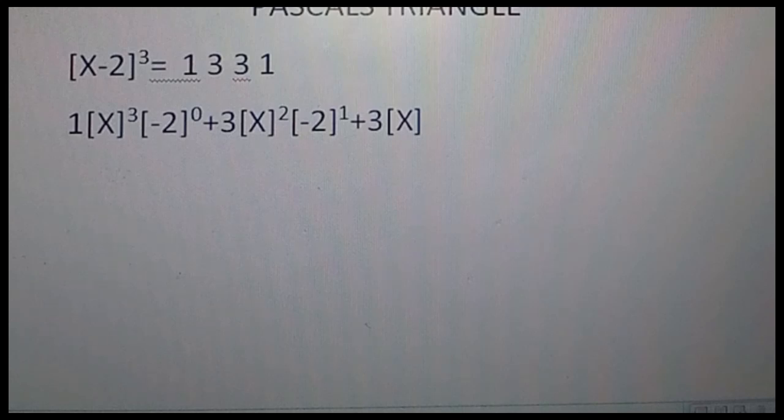The power of x decreases, as you can see, from 3 to 2 and then 1, multiplied by negative 2, which started from power 0 and is increasing, so by now it will be negative 2 to the power 2.